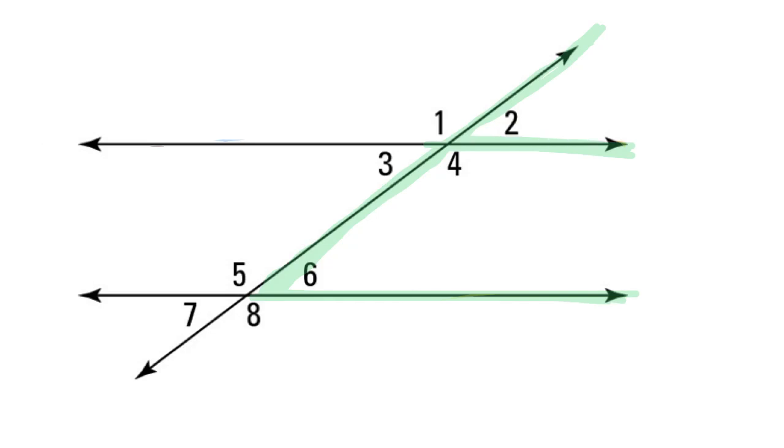So if we were to look at this kind of wonky looking F pattern, the angles that would be corresponding to each other would be angle number 6, so again in this kind of tucked in inner corner, and angle number 2. So those two angles would be corresponding angles, and they would be equal to each other. So whatever angle 6 is, it's the same angle that's going to show up in the position of angle number 2.